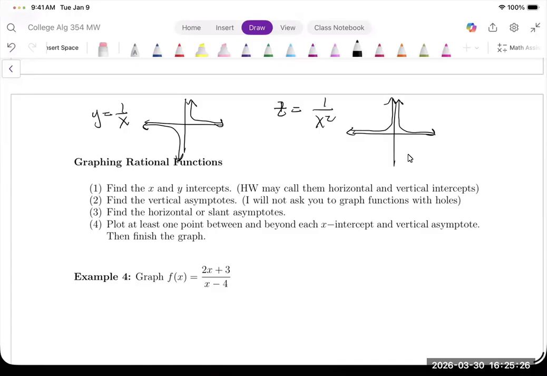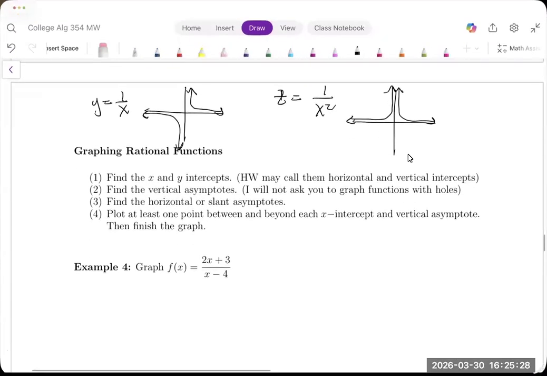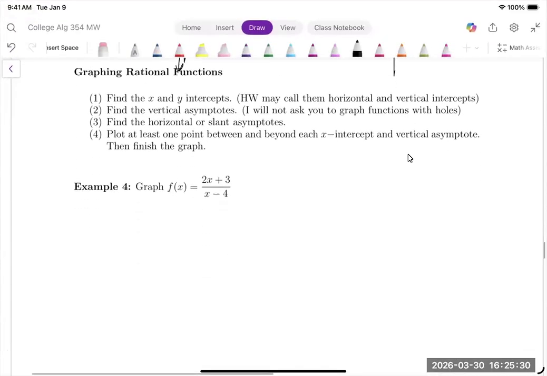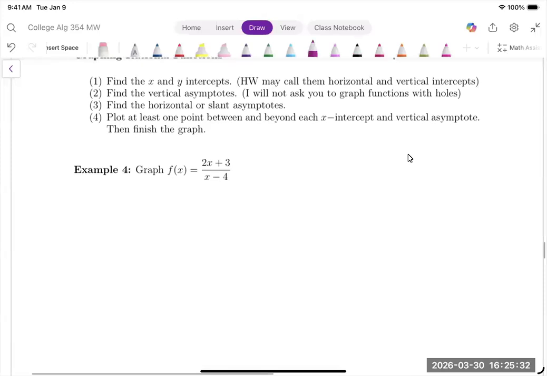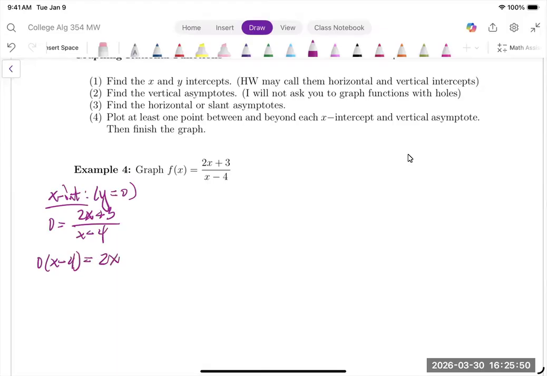But we'll keep moving. So example 4, x and y intercepts. Remember we get x-intercepts when y is 0. So if I have 0 equals (2x plus 3) over (x minus 4), we multiply the denominator over. But what's anything times 0? 0.